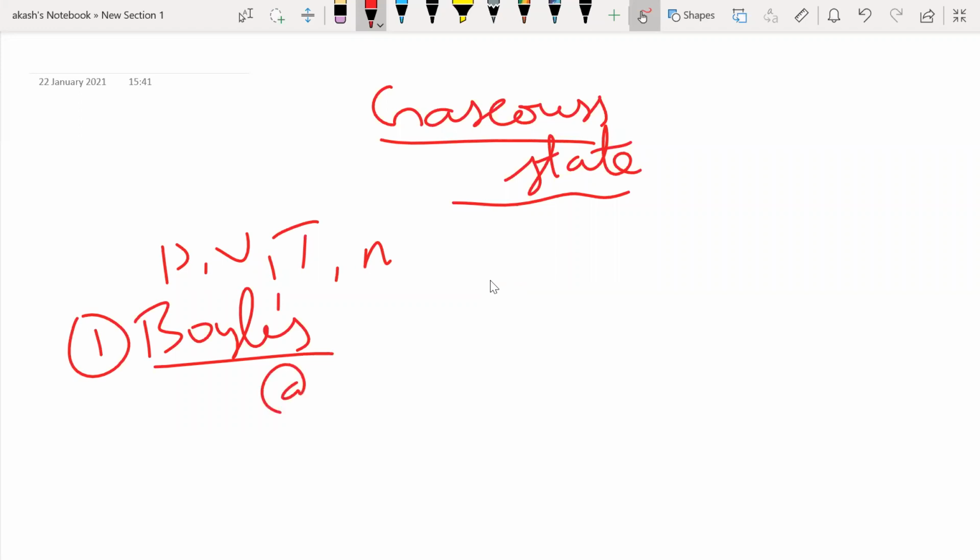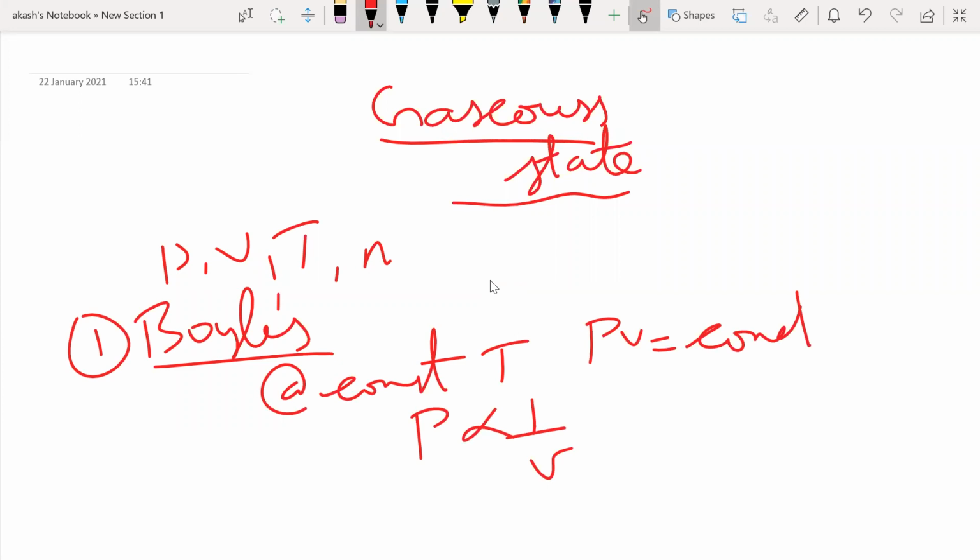So at constant T, the pressure is inversely proportional to volume, or I can say PV is some constant. Or even P1V1 = P2V2 = some constant C, right? So you will be able to apply it at two different states.